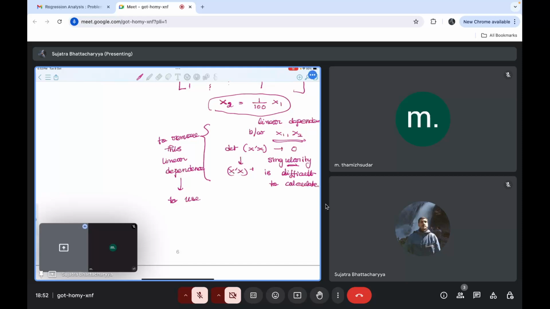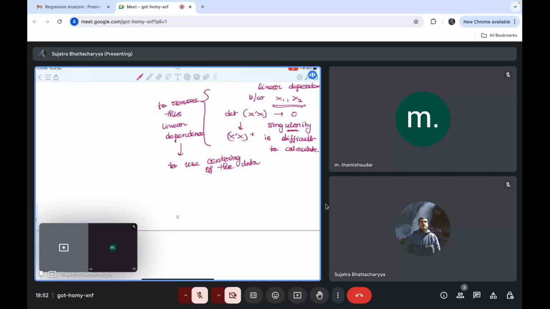Here we don't use scaling, just the centering method. Centering of the data, as you will remember, is just subtracting the mean value. That's all. So for removing this, we write y is equal to beta naught plus beta 1 (x minus x bar) plus beta 2 (x minus x bar) square plus epsilon.